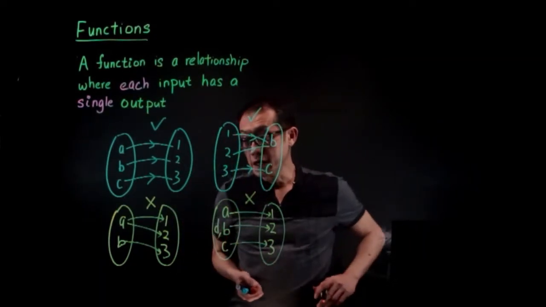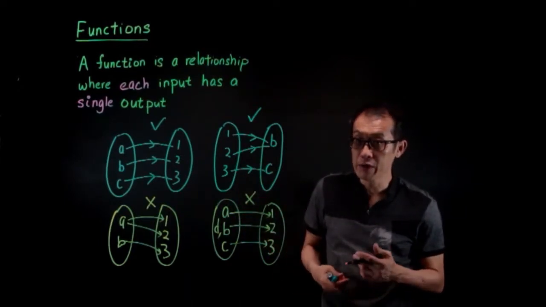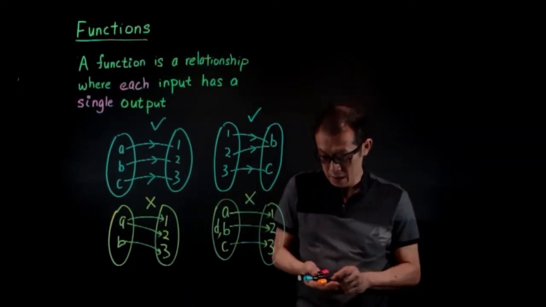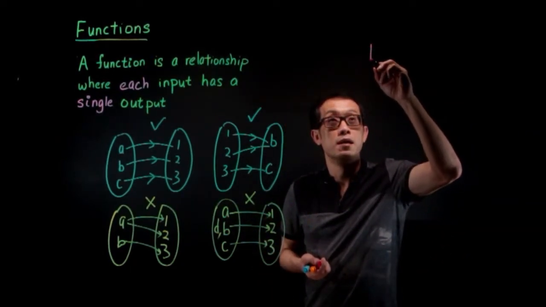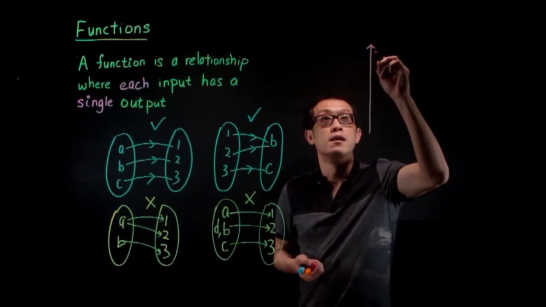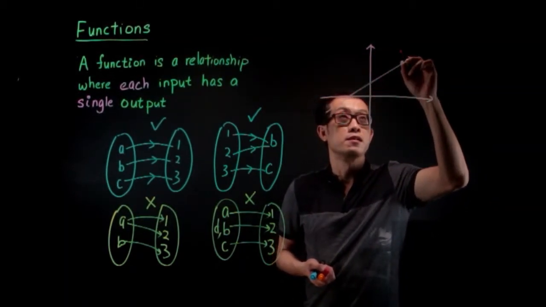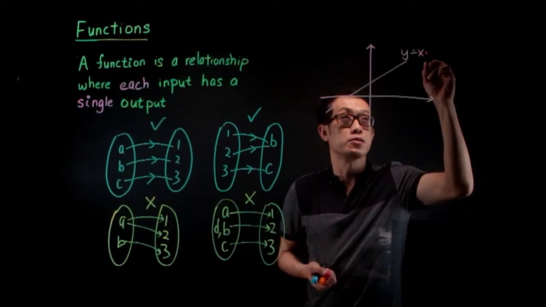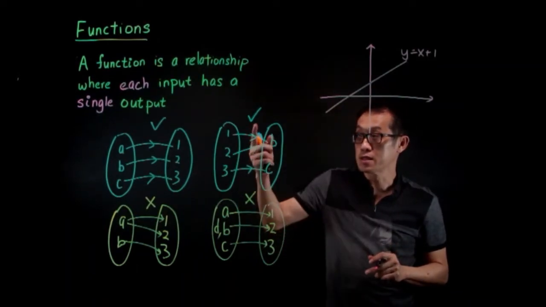Now graphically, how are we going to see? This is an arrow diagram, but graphically, how are we going to see whether it's a function? Let me give you an example. This is y equals x plus 1. Does it satisfy this definition?